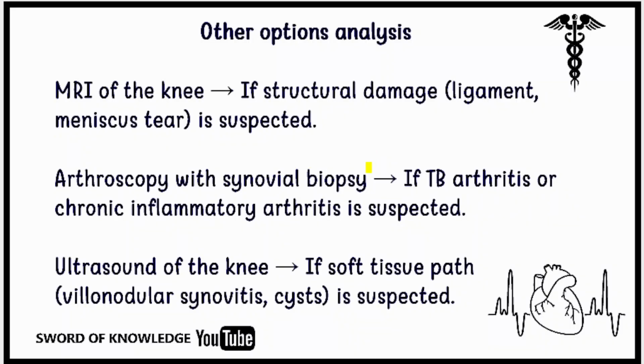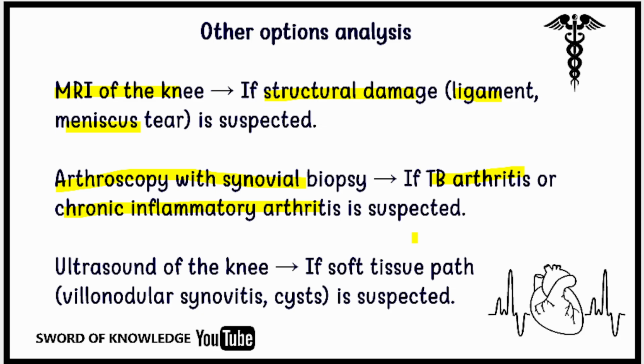When we talk about the other options, option A was MRI of the knee, which is useful when we have a suspicion of structural damage like ligament and meniscus tears. Arthroscopy with synovial biopsy is useful when we suspect TB arthritis or chronic inflammatory arthritis, then we go for the biopsy and arthroscopy.